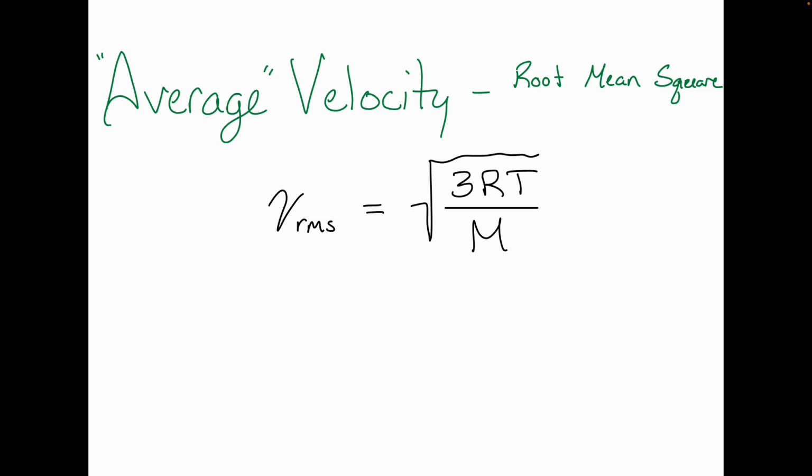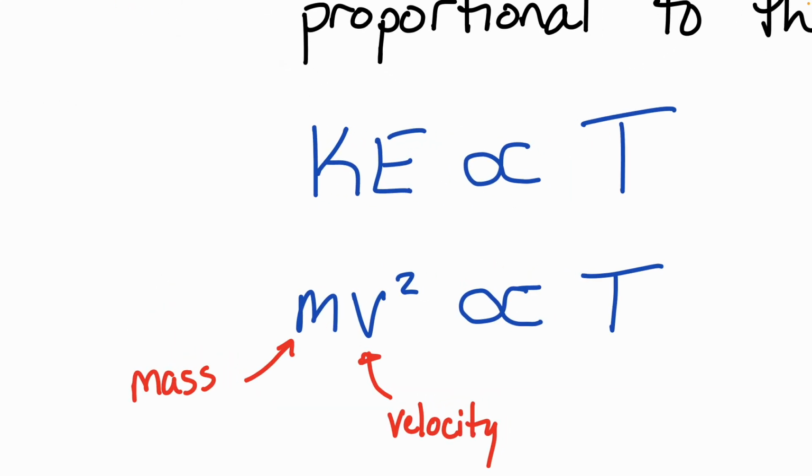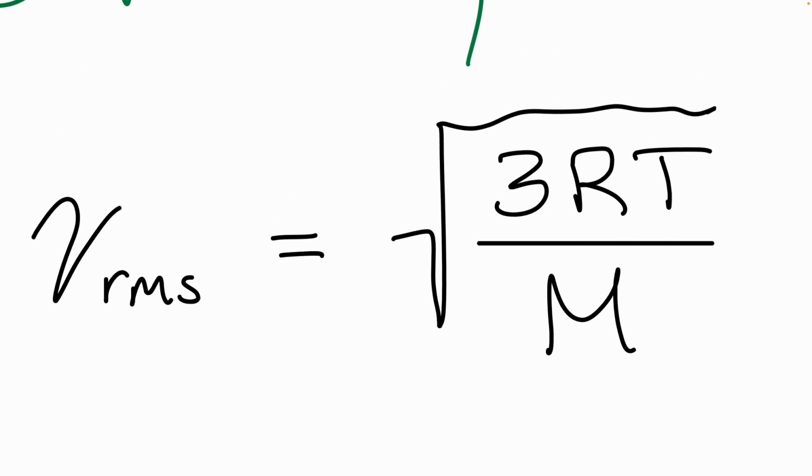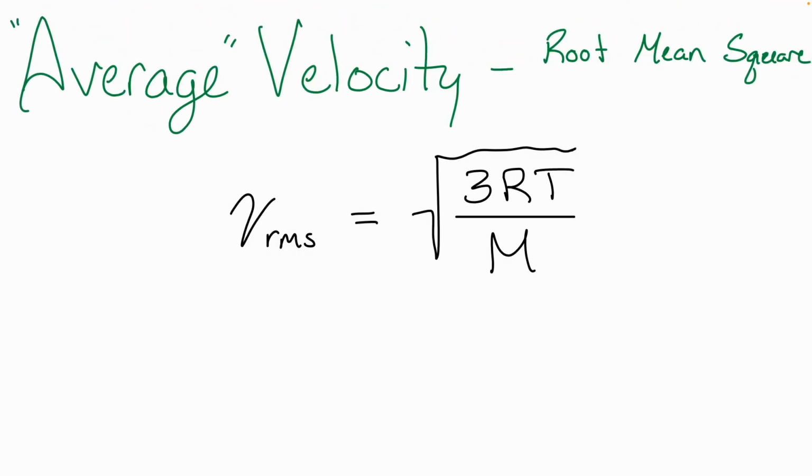But if we look at our equation for kinetic energy, one half mv squared, one of them has a way larger mass, so it must have a slower velocity if their kinetic energy is going to be the same. Likewise, helium has a really small mass, so it needs to be moving around very fast to have the same kinetic energy as those xenon molecules. All right, so that's why we see this inverse relationship with molar mass here.